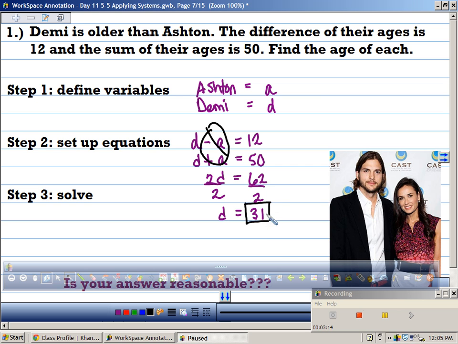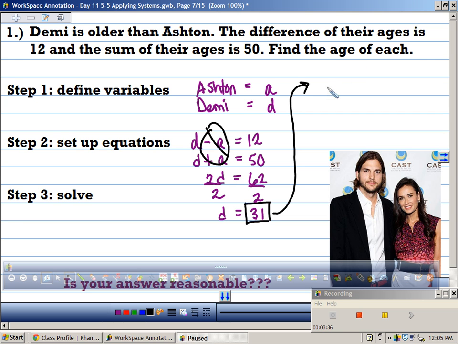If I know Demi is 31, and I know the difference between their ages is 12, and the sum of their ages is 50, then which one do you want to plug it back into? The second one? Okay.